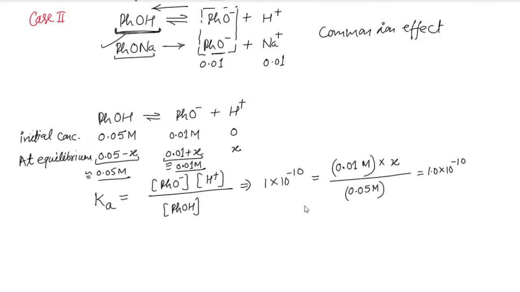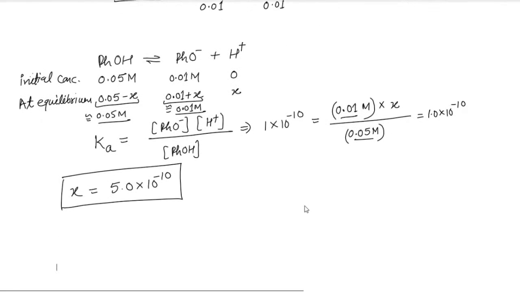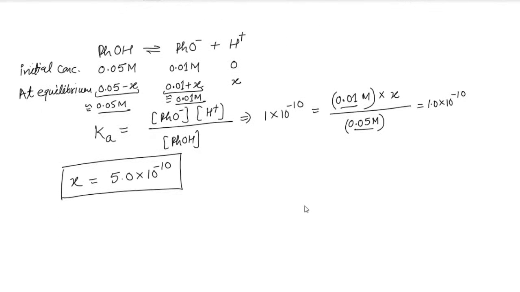This Ka is the same, 1.0 into 10 raised to minus 10. So from all of this, what is X? X is equal to 0.05 divided by 0.01, so it becomes 5, so 5.0 into 10 raised to minus 10.